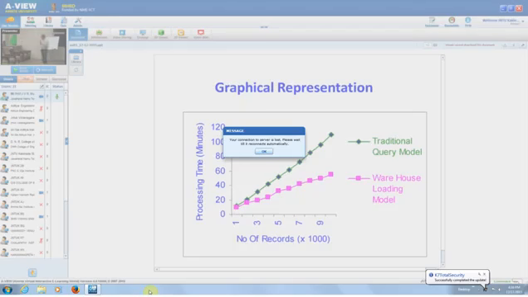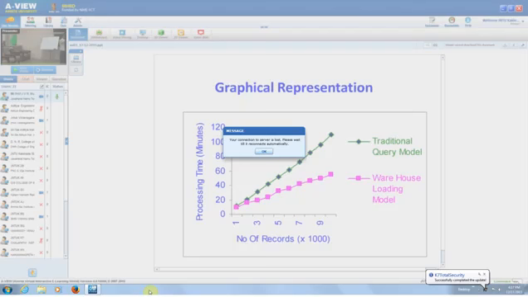Because every time you start querying for your data from the legacy database system, that querying process will be very, very expensive. The first model I have shown in green is using the traditional query model without having your star schema, your warehouse. Each time the data is continuously loaded and updated. Initially, for 1000 records we tried, it is almost the same.